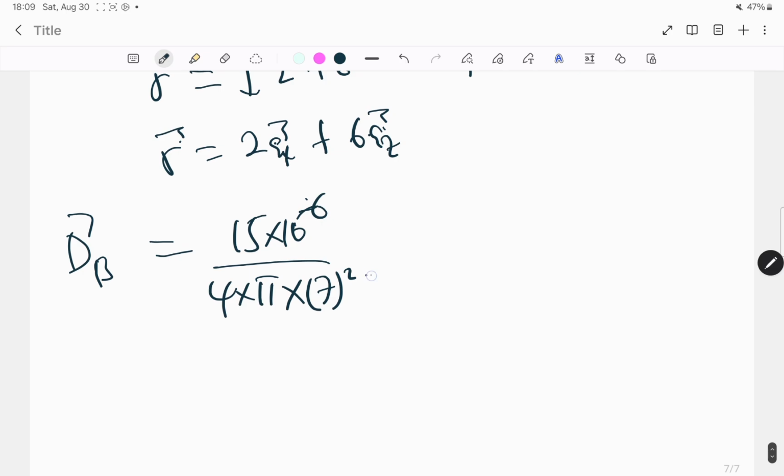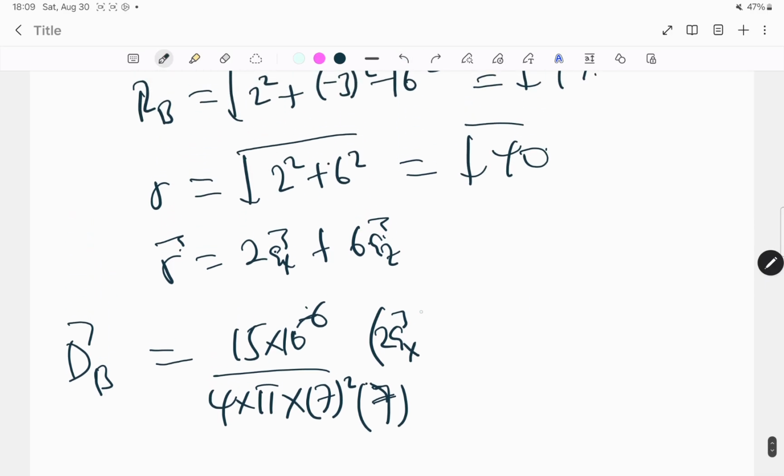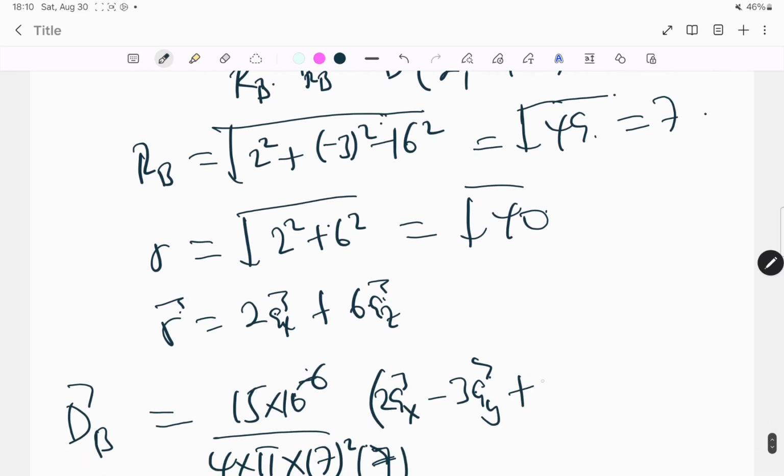So here I can have another 7. Then we have it again: 2 along the x-axis, then we have -3 along the y-axis, plus 6 along the z-axis.